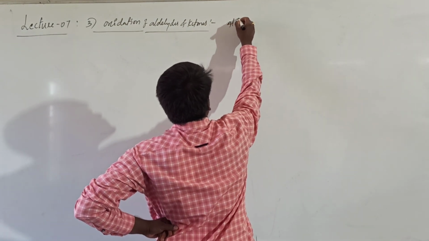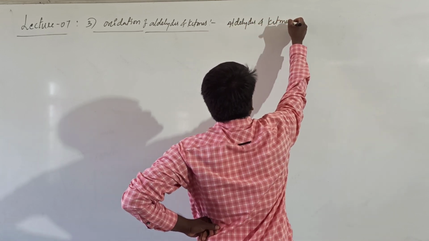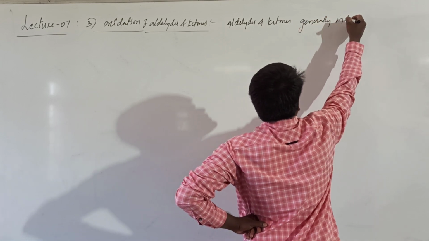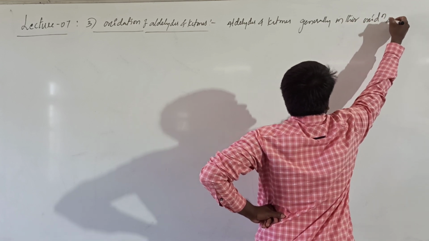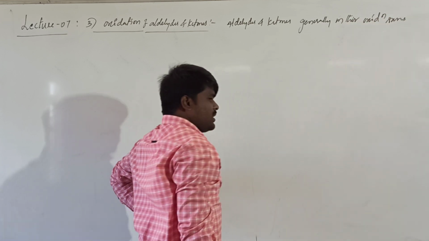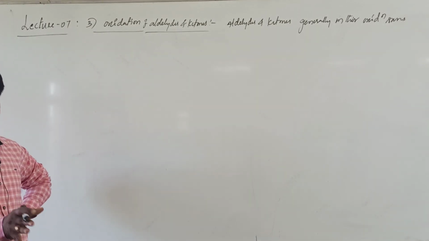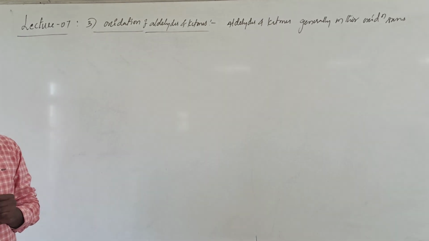Aldehydes and ketones generally differ in their oxidation reactions. So far all the reactions of aldehydes and ketones have been the same, but from here onwards there will be a distinction between aldehydes and ketones. Because of that, these oxidation reactions are a bit important.